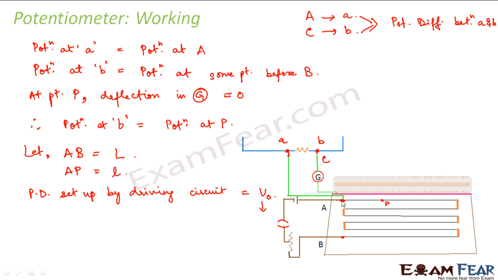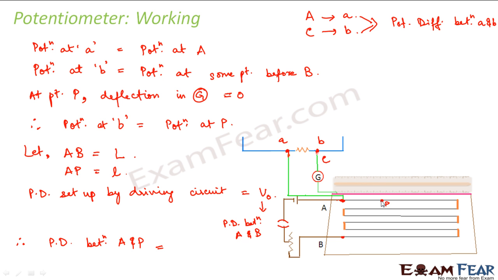The driving circuit connects A and B, so V0 is the potential difference between the two ends of this wire. Therefore, what would be the potential difference between A and P?